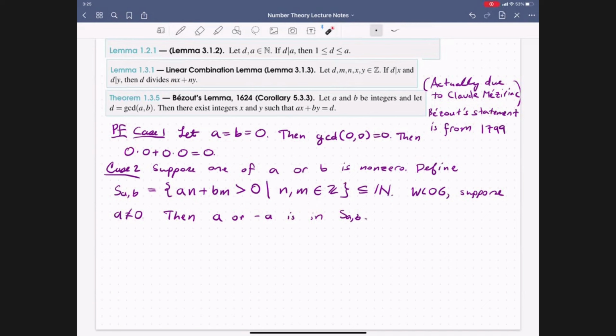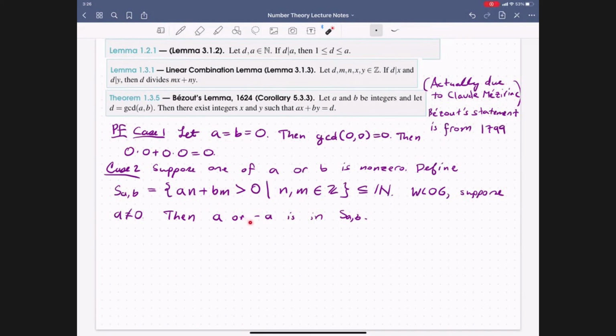So let's go by cases. If a was positive, we can take n to equal 1 and m to be 0. So we have a times 1. a is assumed to be positive, so this is in that set. And ta-da! We have a is in the set S sub a comma b. If it were not the case that a was positive, because it is non-zero, it must be negative.